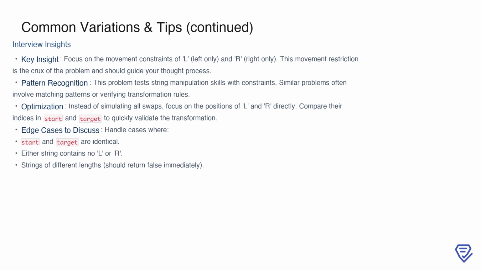To optimize your approach, instead of simulating every possible swap, concentrate on the positions of L and R in the start and target strings. By comparing their indices directly, you can quickly validate whether the transformation is possible. Additionally, prepare for key edge cases, such as when the start and target strings are identical, when one or both strings lack L or R, or when the strings differ in length, which should immediately return false.